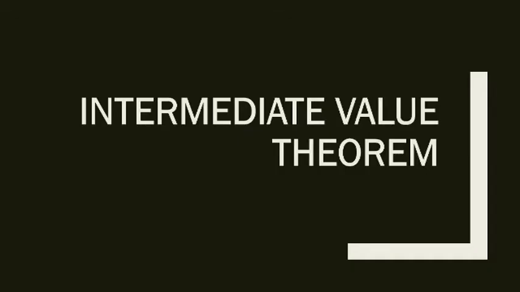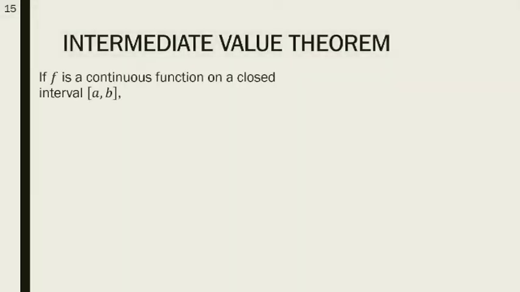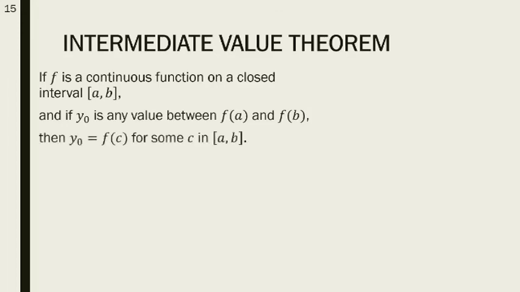So as a special topic, we have the intermediate value theorem. The intermediate value theorem: if f is a continuous function on a closed interval a to b, and if y sub 0 is any value between f of a and f of b, then y sub 0 is equal to a function value f of c for some value of c in the interval a to b.